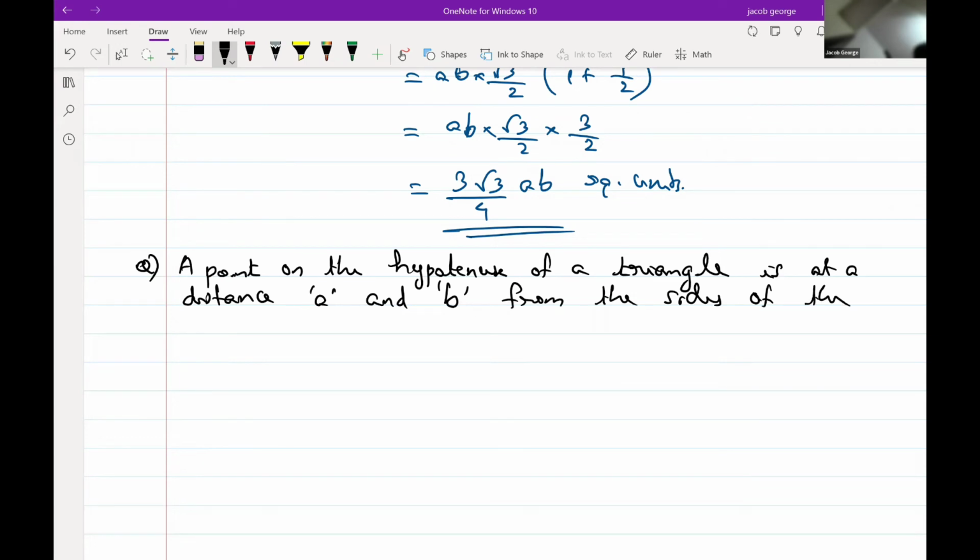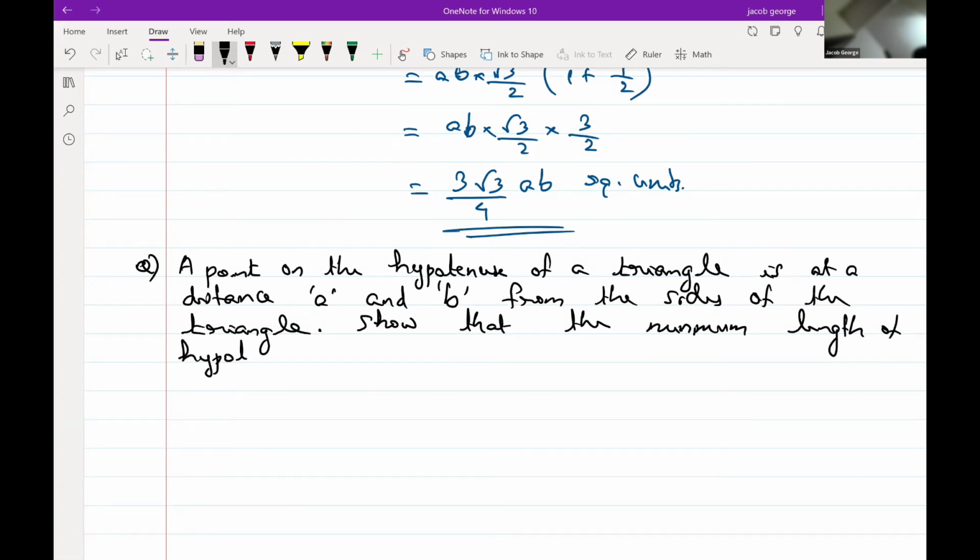Show that the minimum length of hypotenuse is a raised to 2 by 3 plus b raised to 2 by 3, the whole raised to 3 by 2.